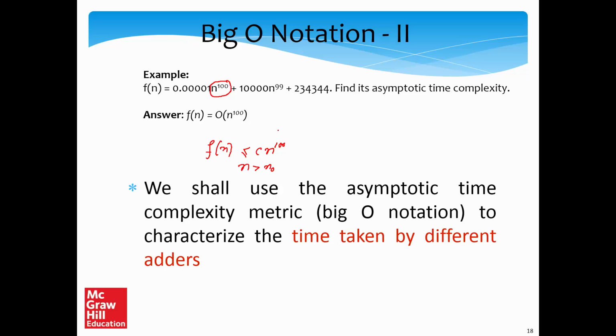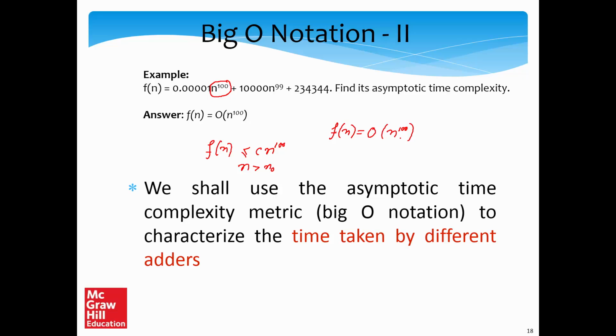If I set c as 10,000, then 10,000 n to the power 100 is more than this term, but again these two terms will increase. That's okay. If I keep on increasing the value of n, ultimately I'll find some value of n0 and c such that this function is less than c n to the power 100 for all values of n greater than n0. Hence we can say that fn is order of n to the power 100.